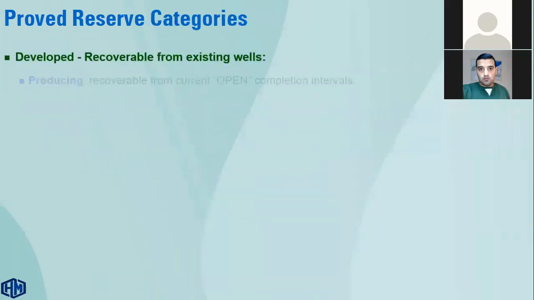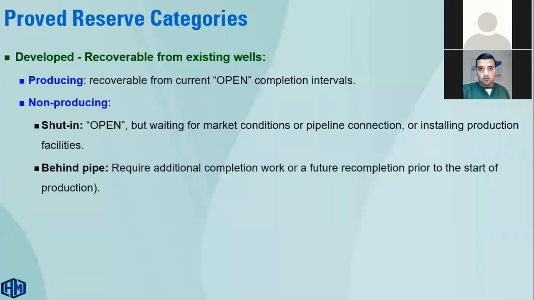The categories of proved reserve: developed, which means recoverable from existing wells. Two classifications for developed: producing, which means it's recoverable from the current open completion intervals.